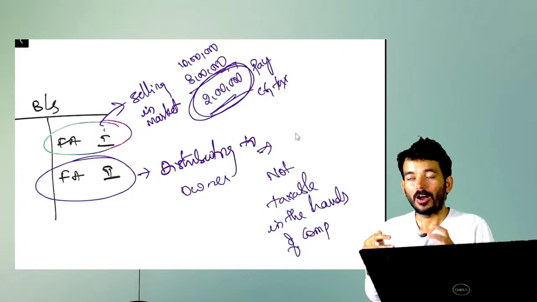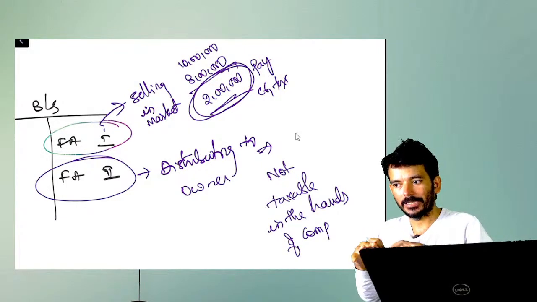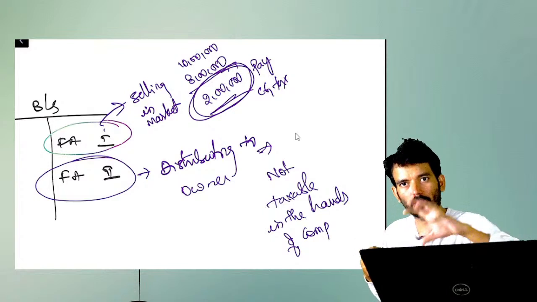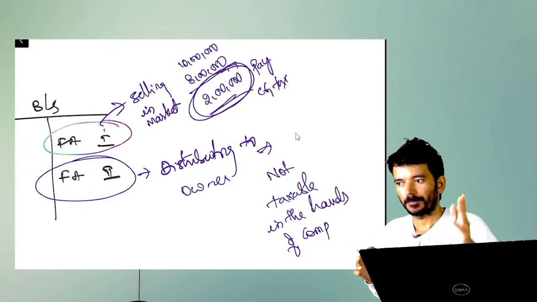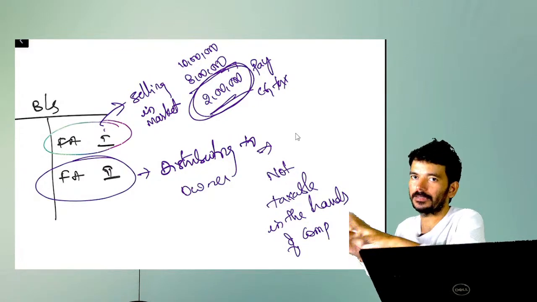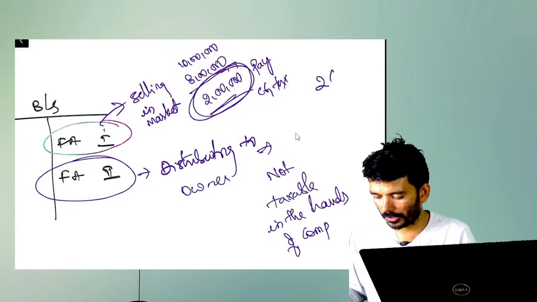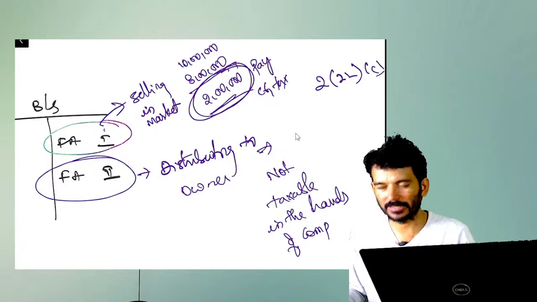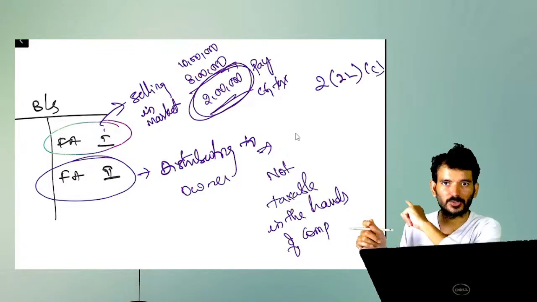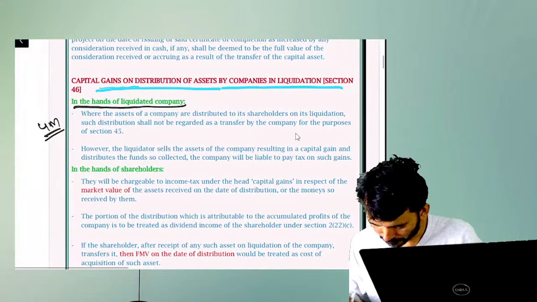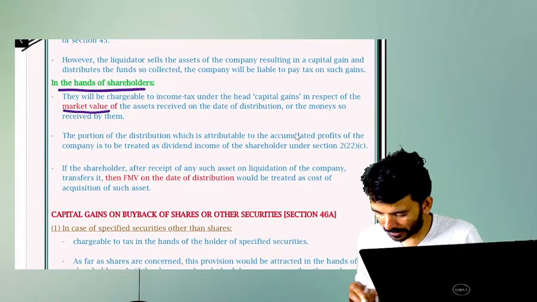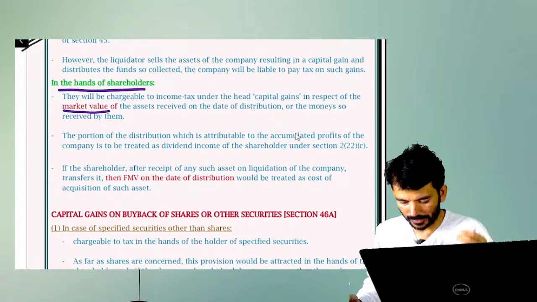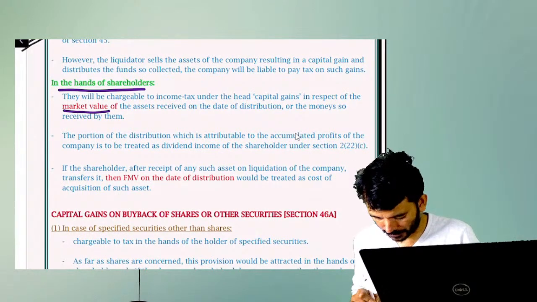Sometimes we don't understand. On liquidation, if the company is distributing the assets to the owners, the company will not pay tax, the shareholder will pay it. But if the company is selling in the open market, they will pay it. And there is another section, 222C, that also will come into the picture. We will see that in the income from other sources chapter. In the hands of the shareholder, whatever is the fair market value on the date when I am giving it to you will be your full value of consideration.